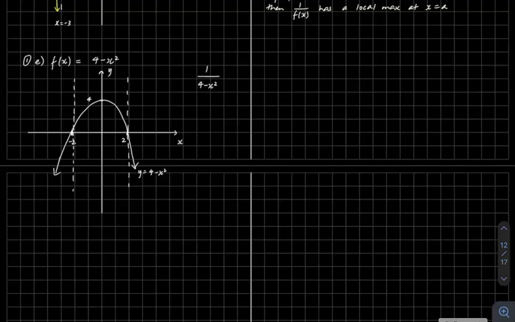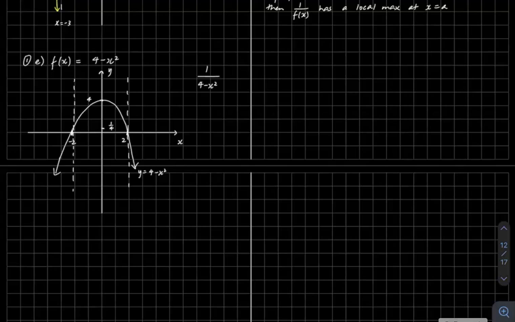Likewise, we know the original function had a value of 4 when x equals 0, so the reciprocal will be 1 over 4. So it'll have a y-intercept of 1/4. Alright, so that's what's happening there.